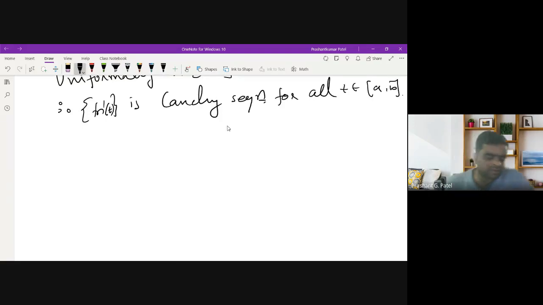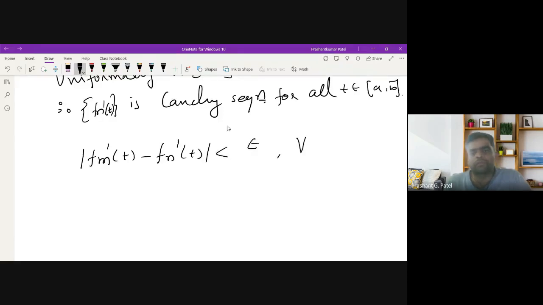So I can say that there exists n1 ≥ n0 such that |f_m'(t) - f_n'(t)| < epsilon, and I will adjust this epsilon later on, for every n and m greater than or equal to n0, and for every t we can have this. I will call this statement 2.